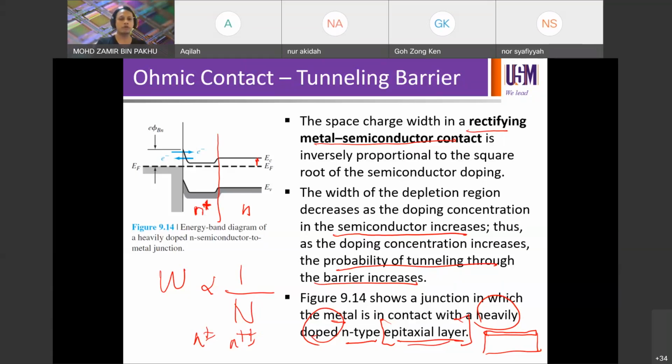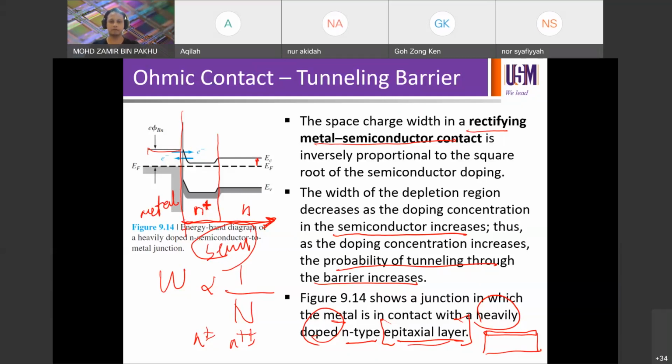So on the right onwards is the n-type semiconductor, and the one on the left is the metal. You can tell, right? How do you tell it's a metal now? If there's no label, can you tell it's a metal?